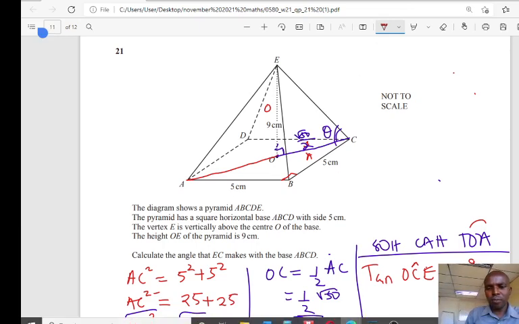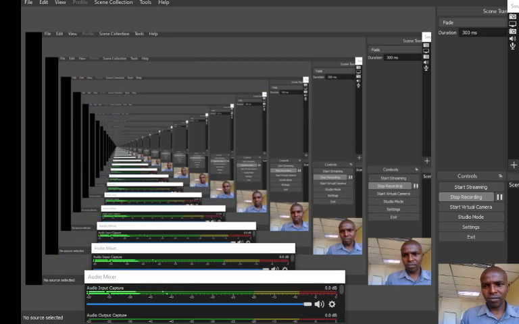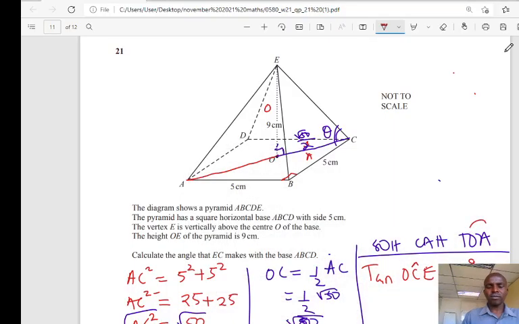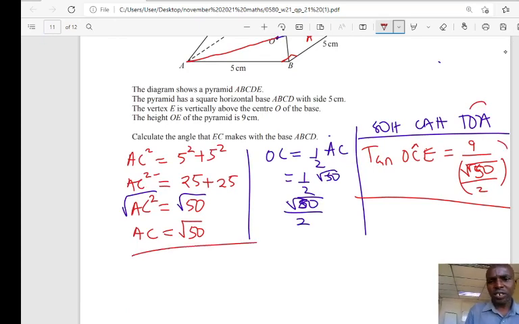Right, then after that you can simplify this side, right? It can be simplified.